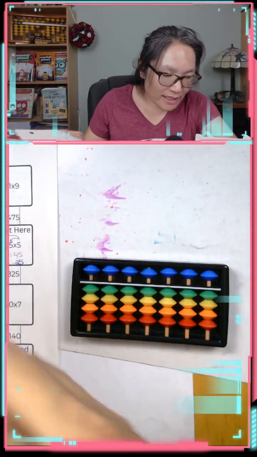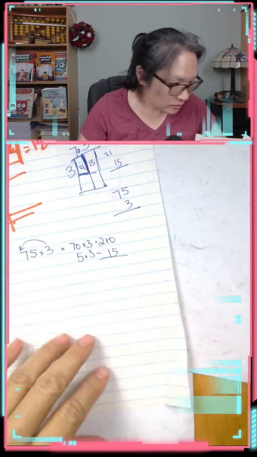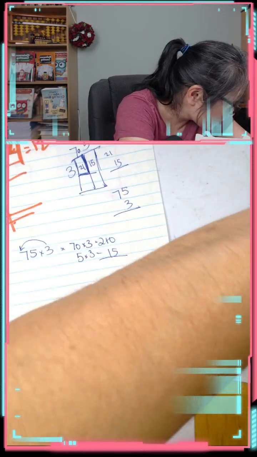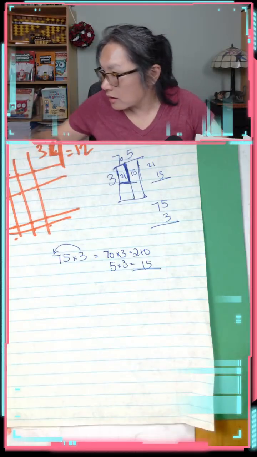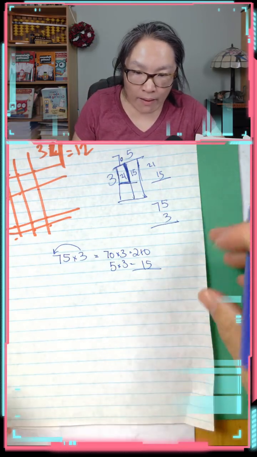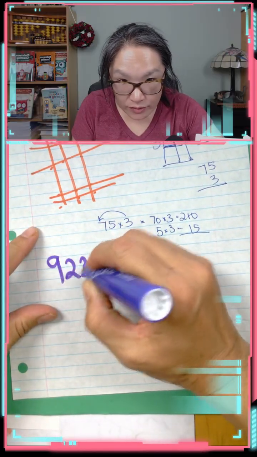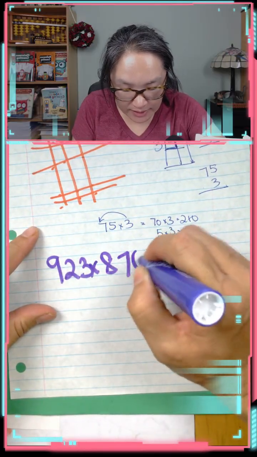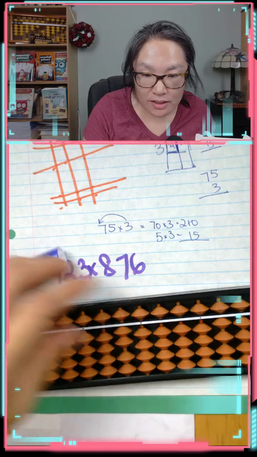So now you understand there's basic concepts. Now we can start going into something a little bit more interesting, like this. So the question is, we have 923 times 876. We can do it now because now you understand the concepts.